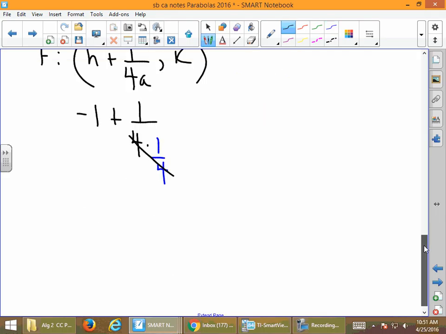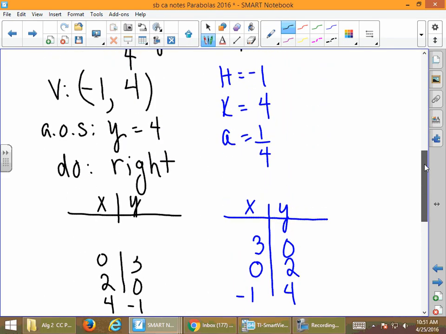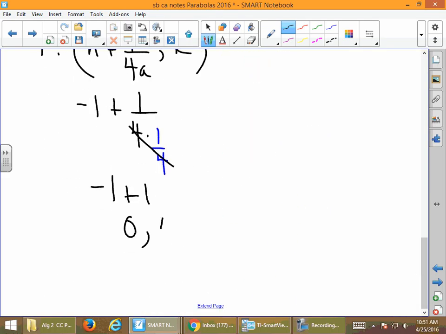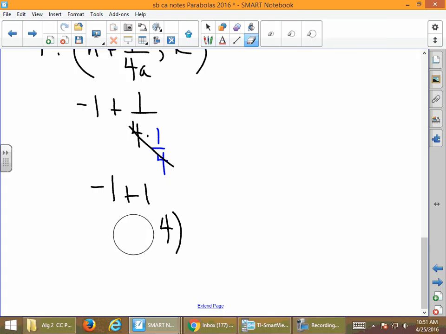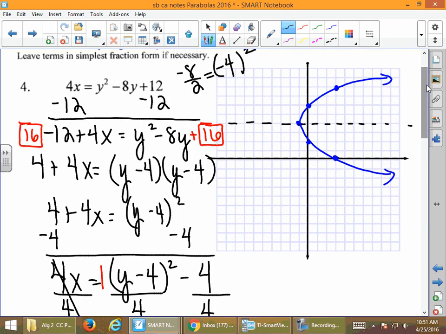So what we've got here is negative 1 plus 1, which is 0, and I haven't even written down my k value here, but k is 4. So 0, 4. I'm going to rewrite 0, 4. And when we come back here, does that make sense?